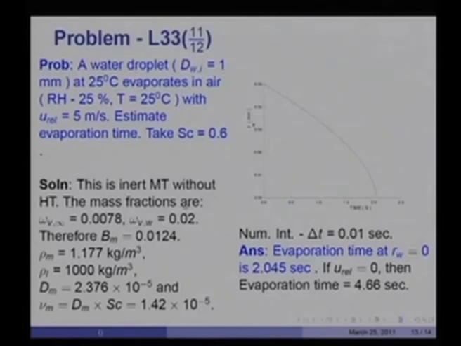The mass fractions in the infinity state corresponding to 25% RH and T equal to 25 will give you omega V infinity equal to 0.0078. Omega V W corresponding to 100% relative humidity at the droplet surface and 25 degrees centigrade will be 0.02.